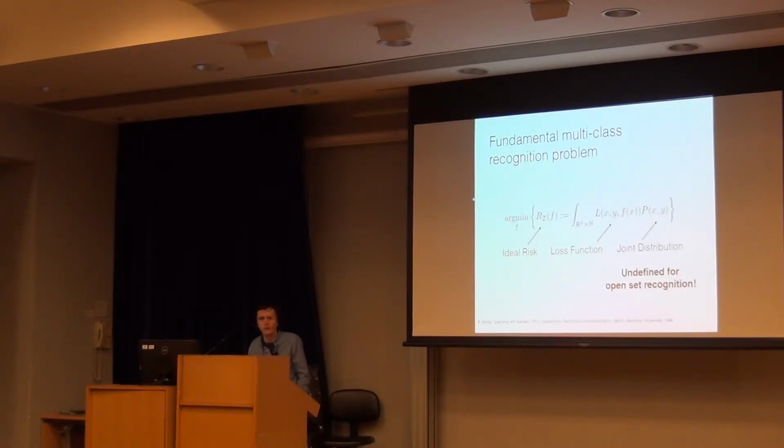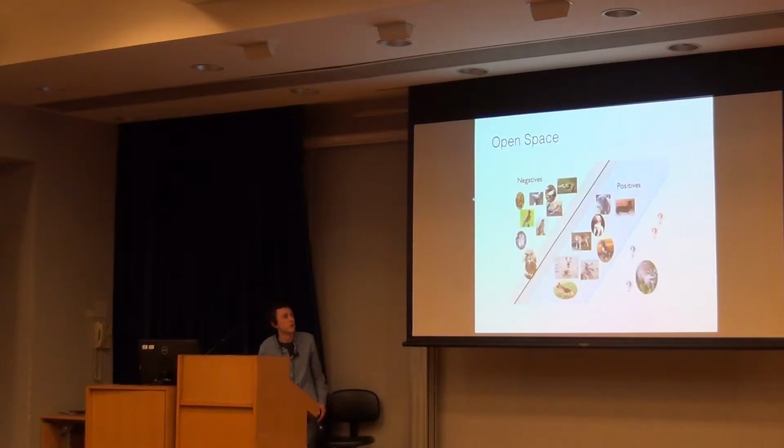The trouble with this formulation is that it's undefined for open set recognition. Why is that the case? Well, we don't have all of the training points from all of the classes we could possibly see. So this doesn't really help us minimize the risk of the unknown. It only helps us minimize the risk of the known.